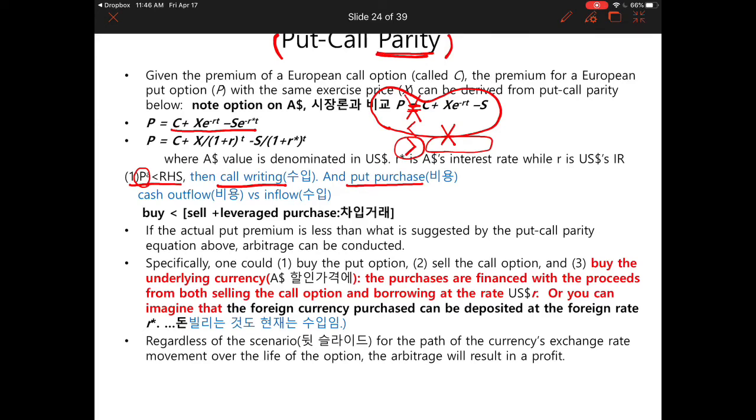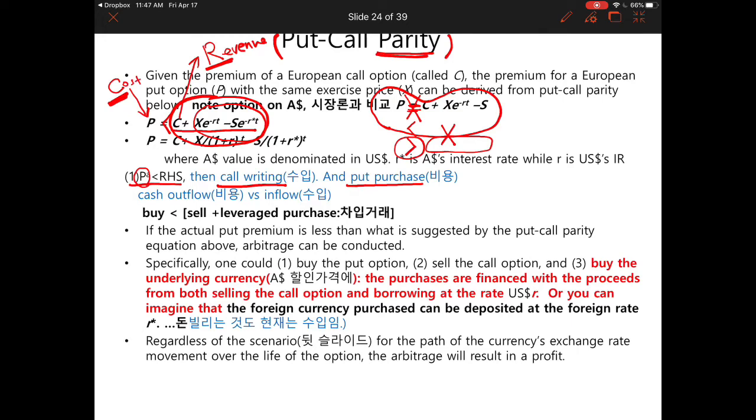So the basic way, if we suppose this: make the revenue from writing the call and pay the cost of purchasing the put. That's the cost. And the same analogy applies to the two remaining terms. So the whole right-hand side corresponds to revenue to you, and the left-hand side implies the cost.